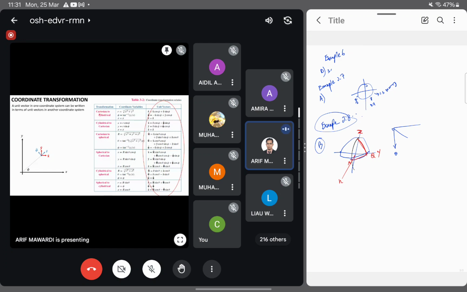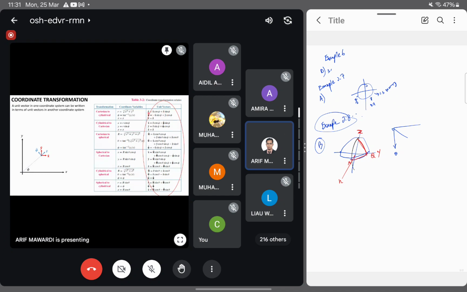For example, the first row here is Cartesian to cylindrical. So here you have a relationship between unit vectors in the cylindrical coordinate system and unit vectors in the Cartesian coordinate system.